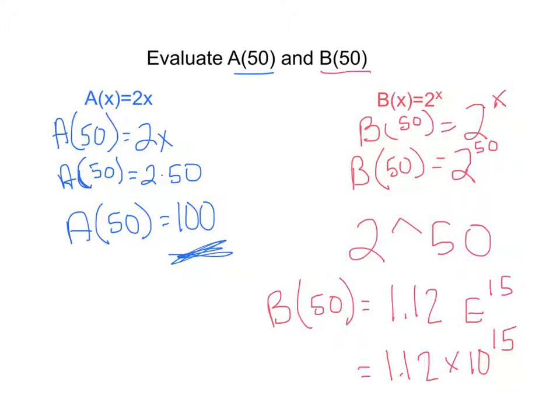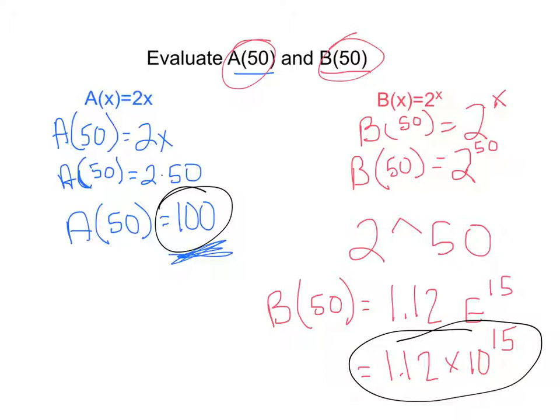So you'll notice the same input, the number 50, got us two drastically different outputs. In this case, 100 and 1.12 quadrillion. Obviously, there's a vast difference there. This just goes to show that even though these two formulas are so incredibly similar, they can create drastically different results.